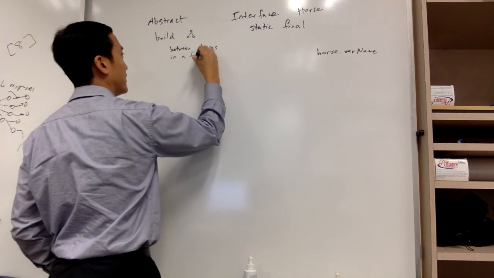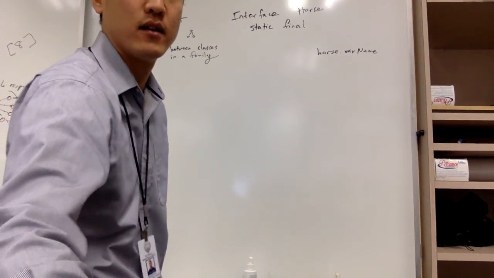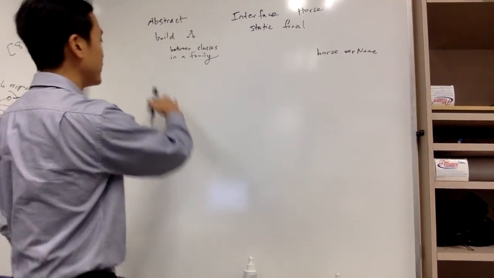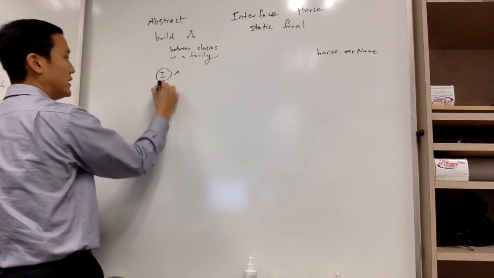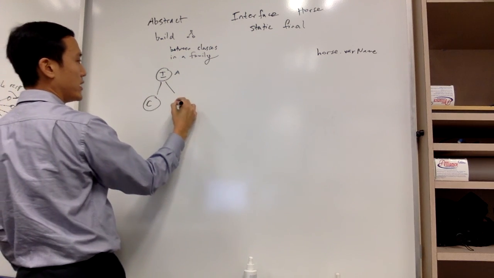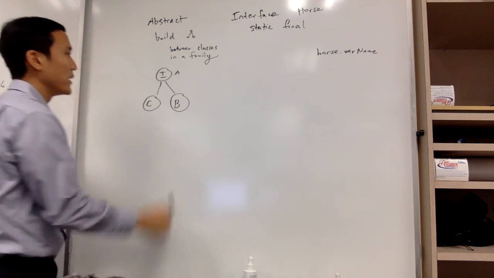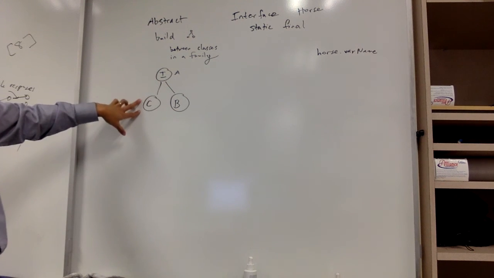Something that would fall in line here would be Insect as the abstract class, and then down here we can have Cockroach and we can have Butterfly.